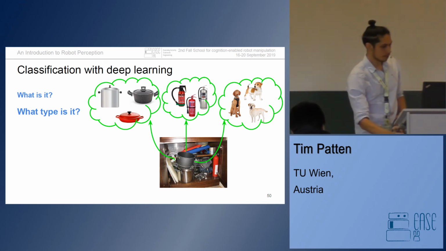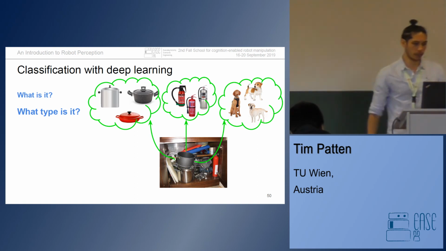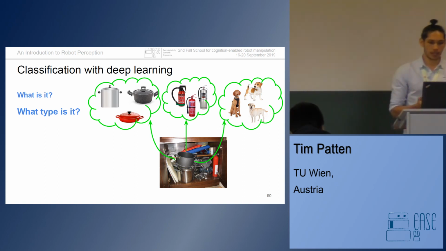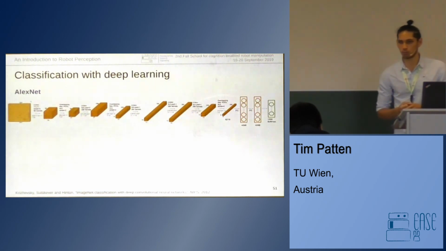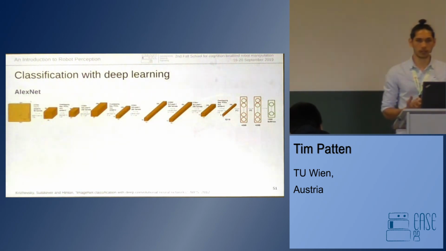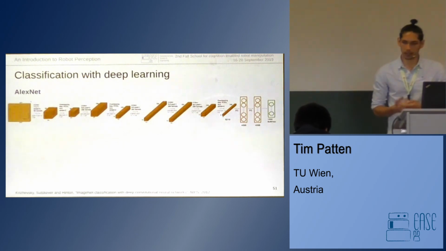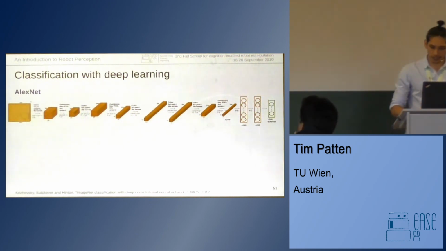Okay, so how do we do classification with deep learning? So now we're looking at not what it is, but what type it is. So let's go through AlexNet, because being one of the first and best performing algorithms, I think it deserves some highlight. It's not very complex, to be honest.